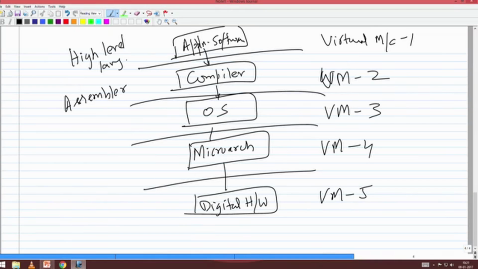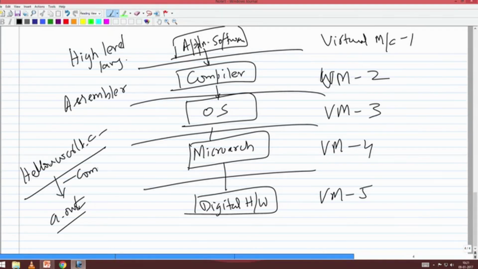So when I look at, say, hello world.c, this is a high level language program. This gets converted to some a.out. The software involved in this conversion are the compiler and the assembler.